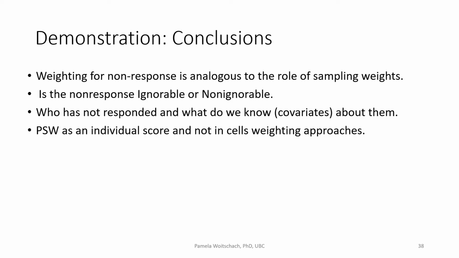Each cell should have at least a minimum number of cases, and that is not always feasible to achieve. So working with propensity score weighting, into an individual score or weight, is probably an easy way to approach unit non-response.